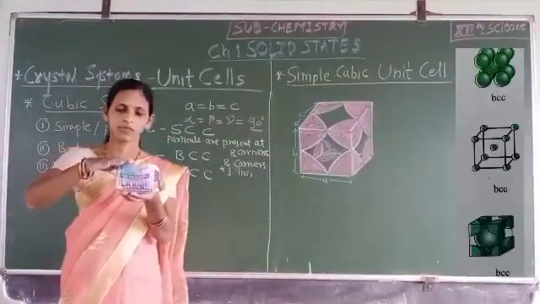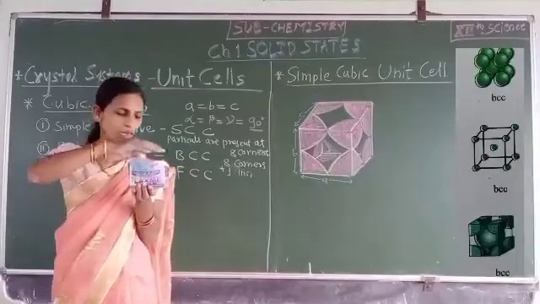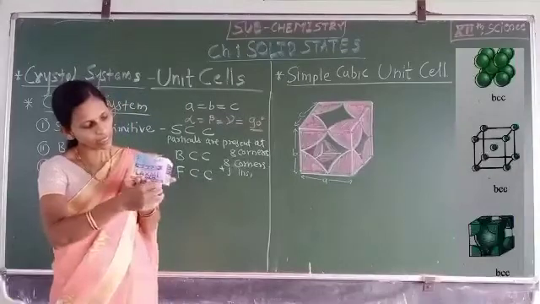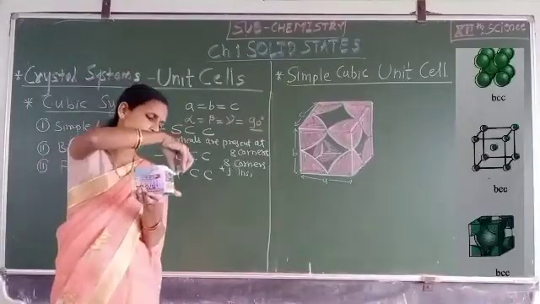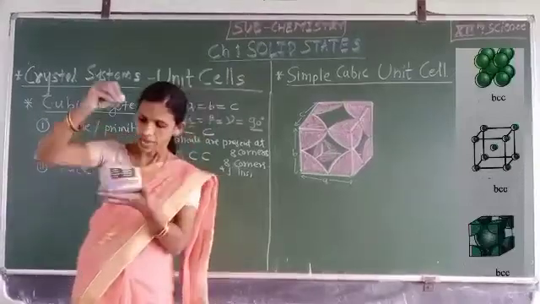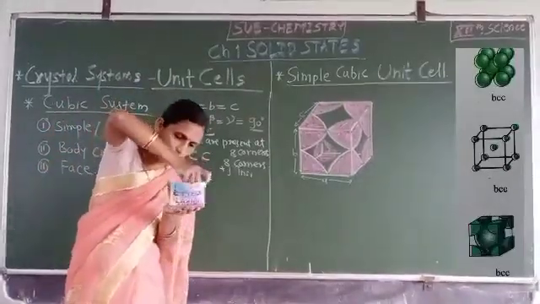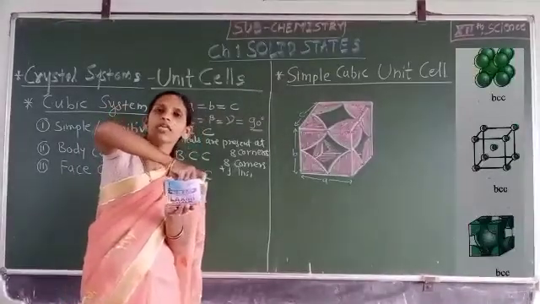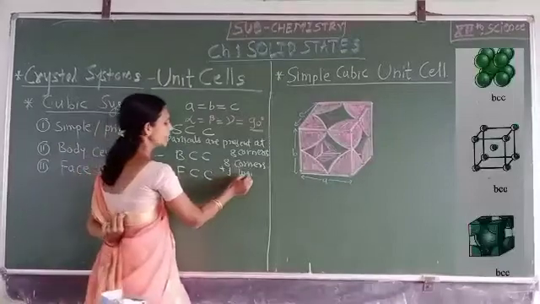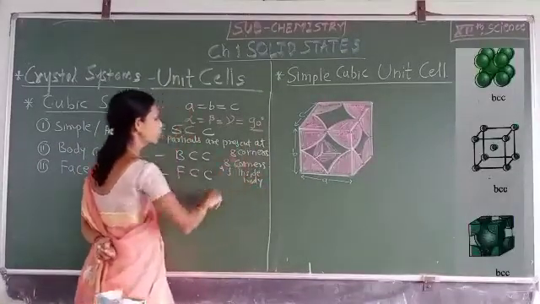That means there are 8 particles at the corners, and one more particle present inside the body of that unit cell.